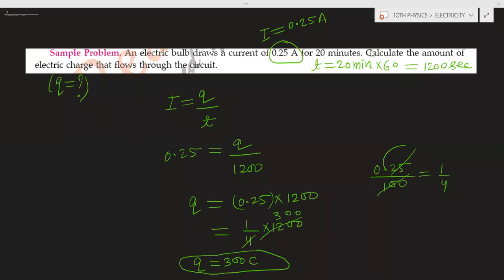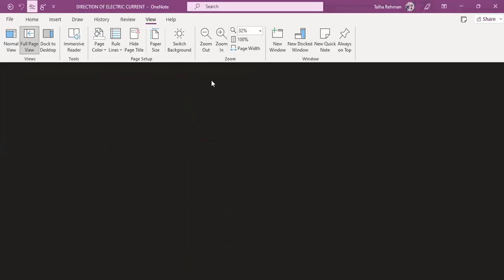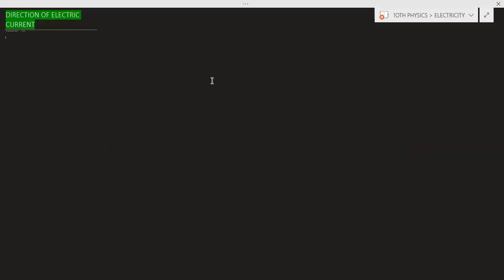Okay, so now we will discuss what the direction of the electric current is. The direction of the electric current is the flow of the positive charge.